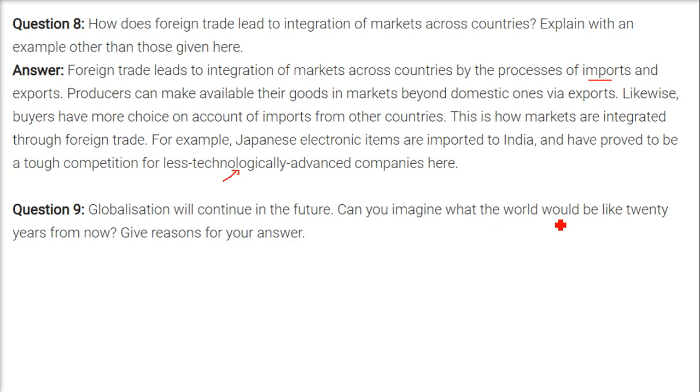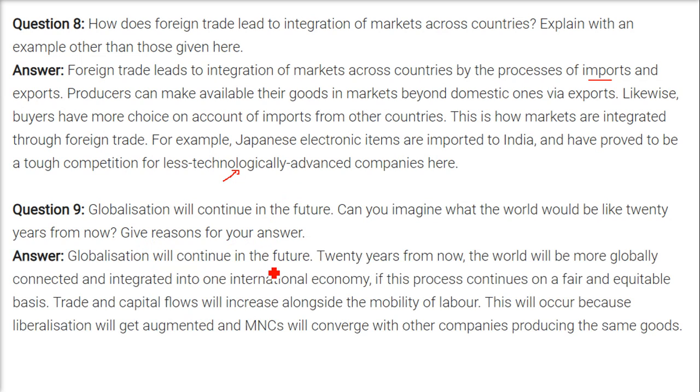Globalization will continue in future. Can you imagine what the world would be like 20 years from now? Give reasons for your answer. So globalization will continue in the future because this is an ever growing, continuous and gradual process, right?